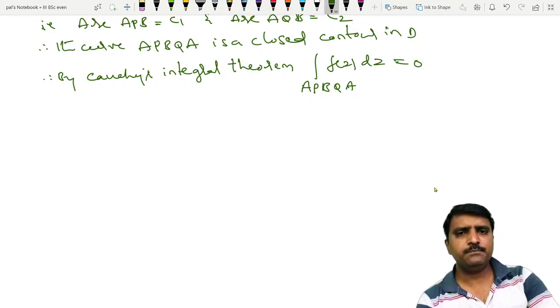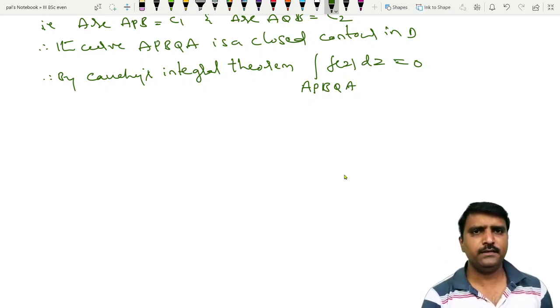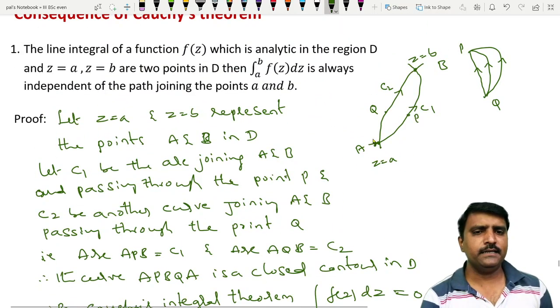So you can split this curve in the line integral. First you can consider along C1, next you can consider along C2.